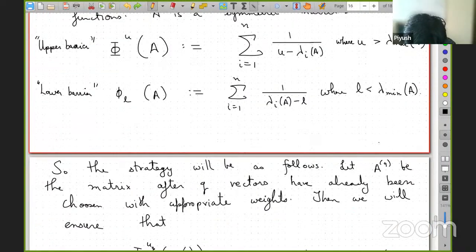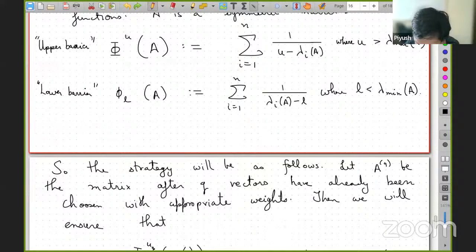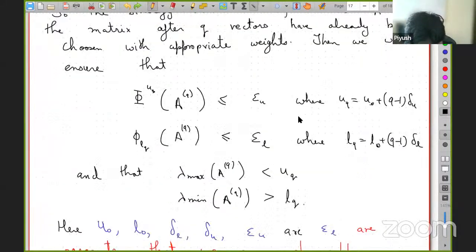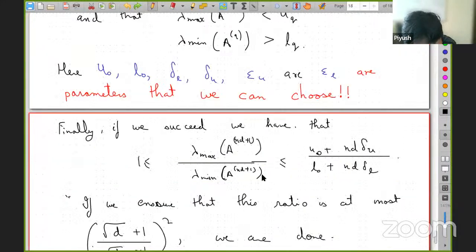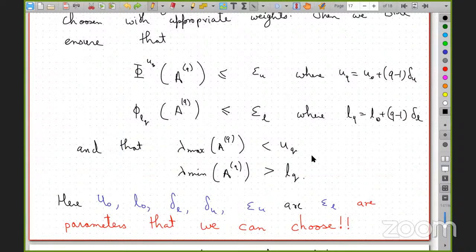That is more or less to make sure this is correct. So u, the upper barrier, has to be above all the eigenvalues, and L, the lower barrier, has to be lower than all of them. And if you have this condition, then you have this also.